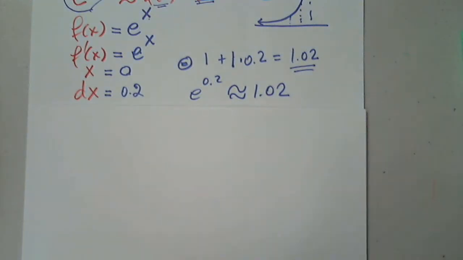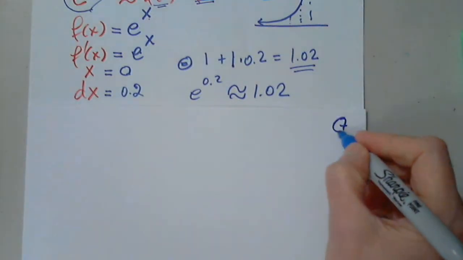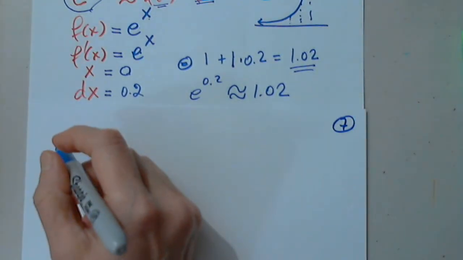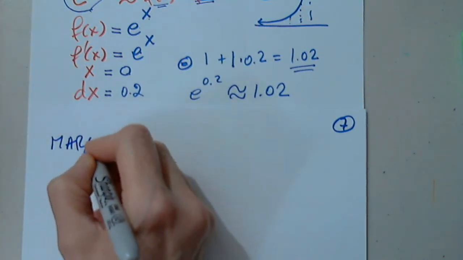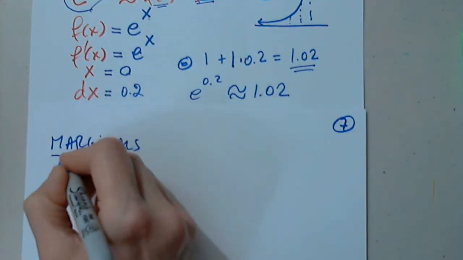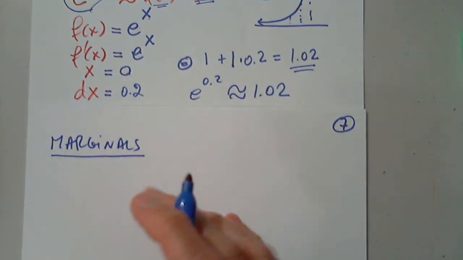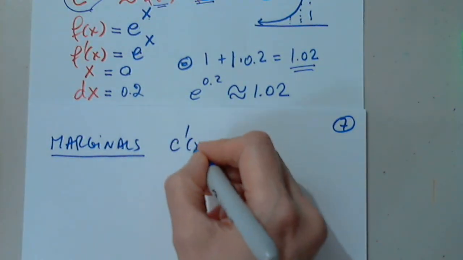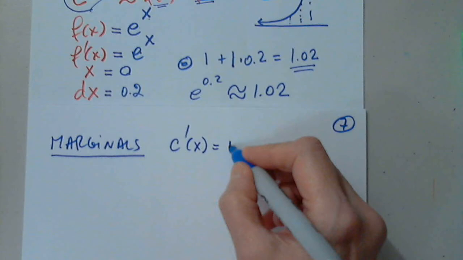So now I want to refresh your memory on marginals before we choose a problem. We talked about this. C prime of x is called the marginal cost.